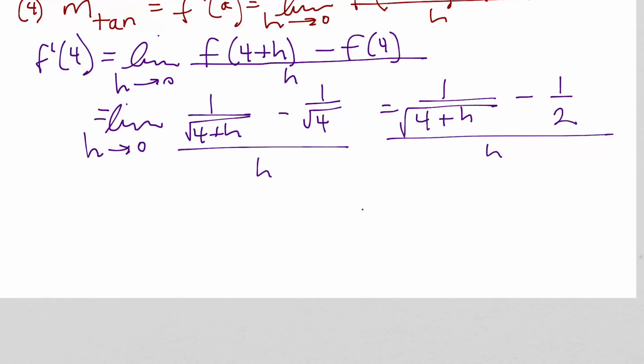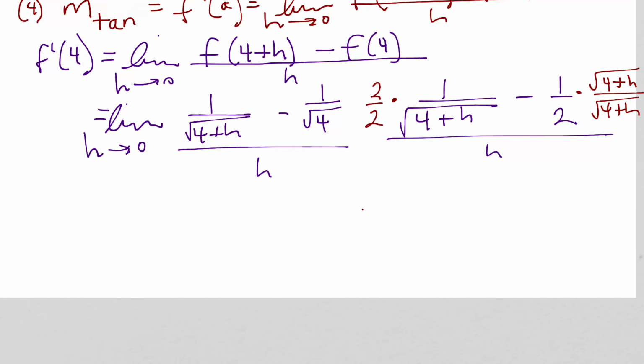So we're going to find a common denominator, and the way that we're going to do that is we're going to multiply this fraction by 2 over 2 and this fraction by the square root of 4 plus h over the square root of 4 plus h.